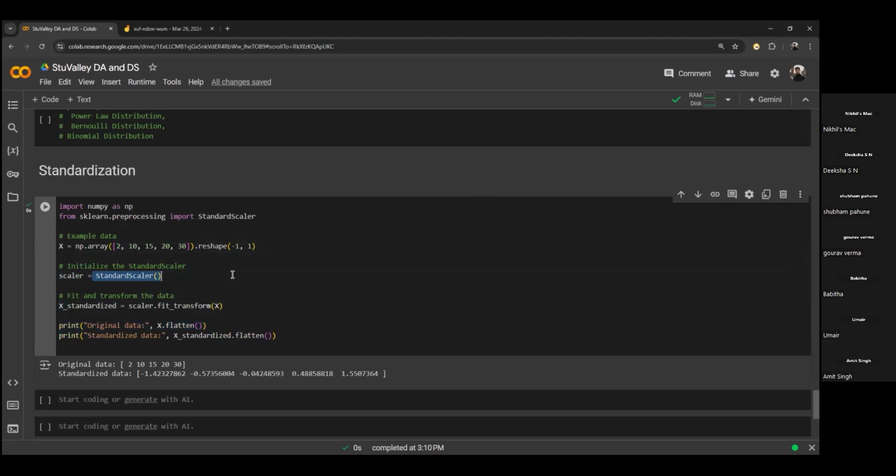We will import our standard scaler, make it an object, and on that object, fit transform your x values. Whatever values we have in x, all the standardized values you will get over here. So these are your normal values, and this is your standardized value. Okay, so you don't have to do the calculation like what we used to do.